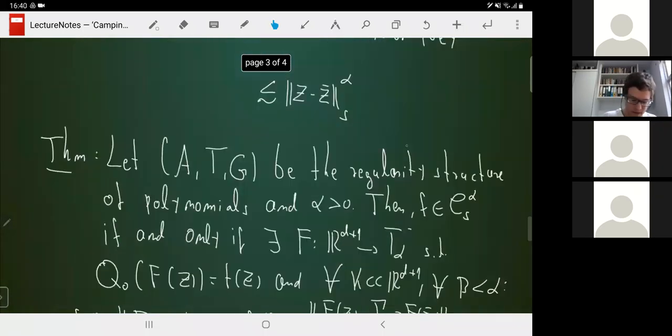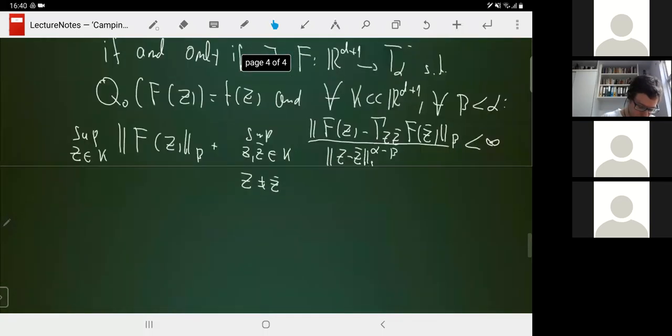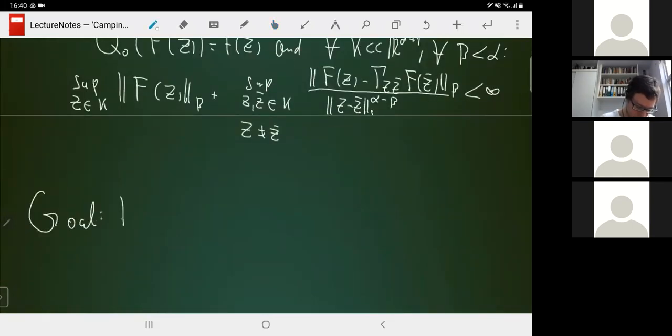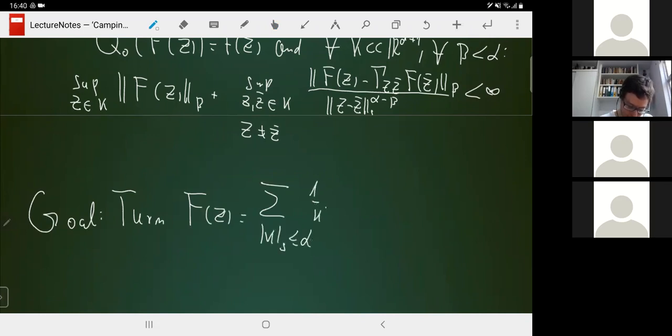So the goal is to turn f of z, which is the sum of f of z, x to the k, into a concrete object.